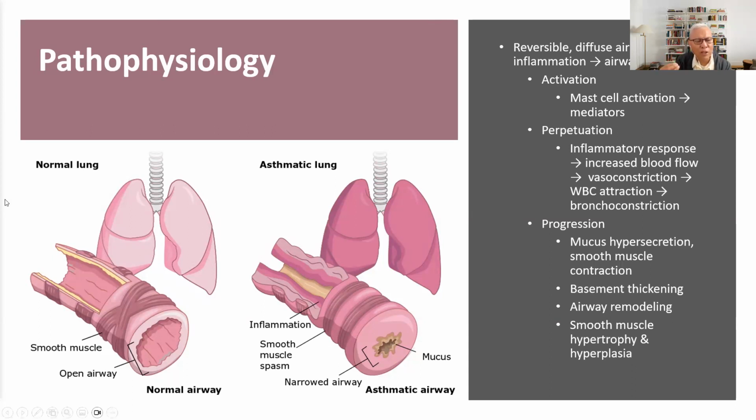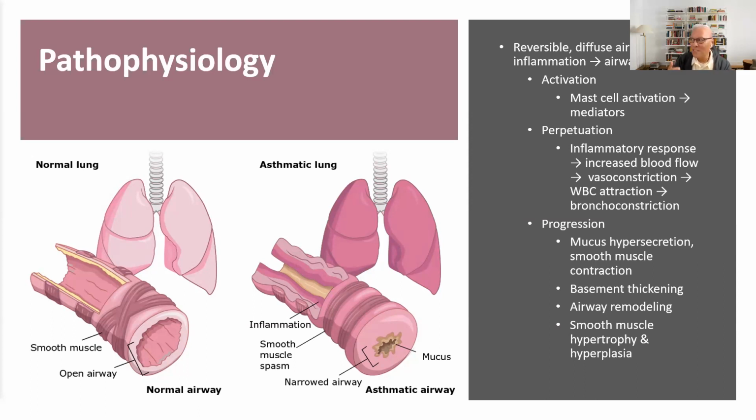So there's a trigger that precipitates this attack. The underlying pathophysiology in asthma is reversible, and there is a characteristic diffuse airway inflammation that leads to airway narrowing. And that's the problem associated with this condition.